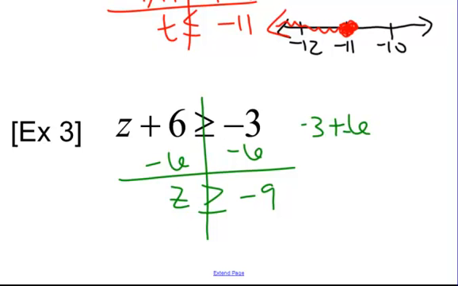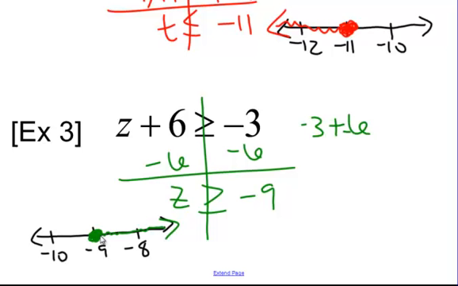And when we make the number line, put negative 9 in the middle, I'll put negative 8 over here, and negative 10 over here. So z is greater than or equal to negative 9, so I'm going to do a closed circle here since it's including negative 9. Remember, negative 9 could be z, so we close the circle, and it's greater than that. So greater than means going to the right.